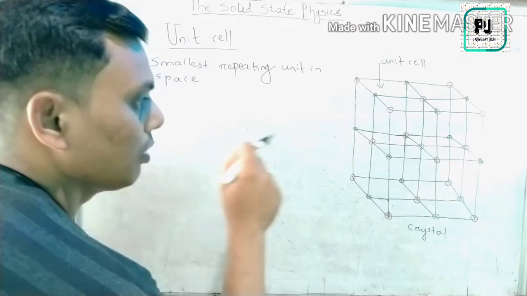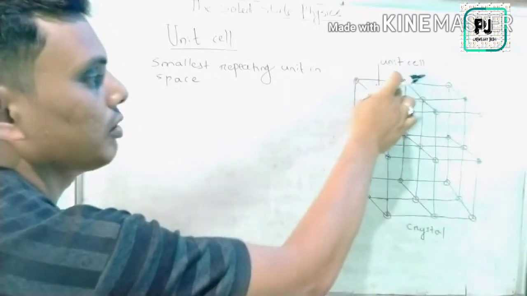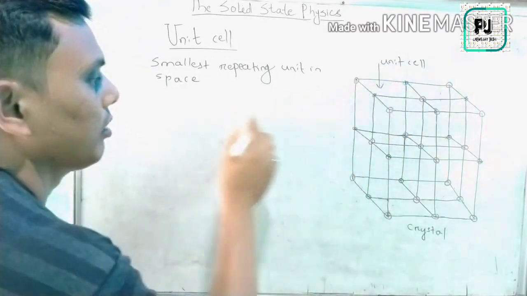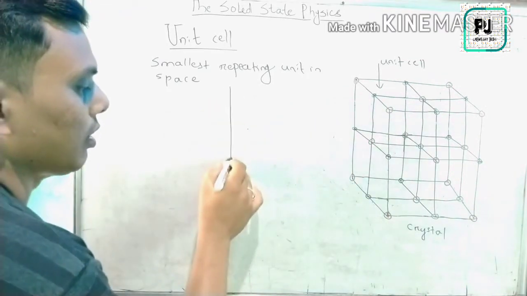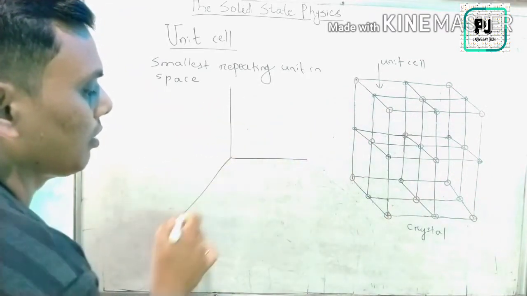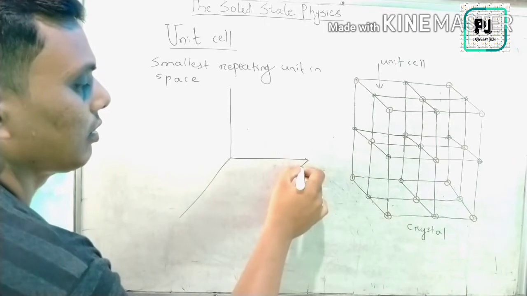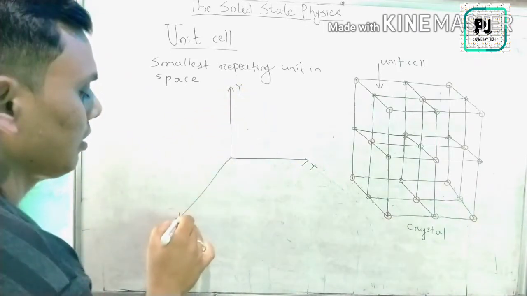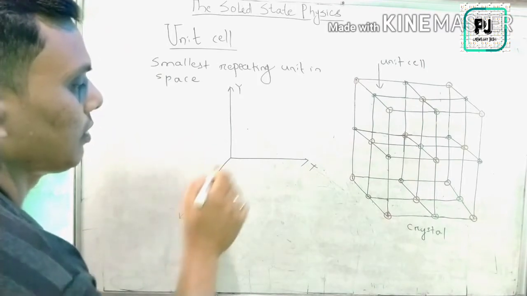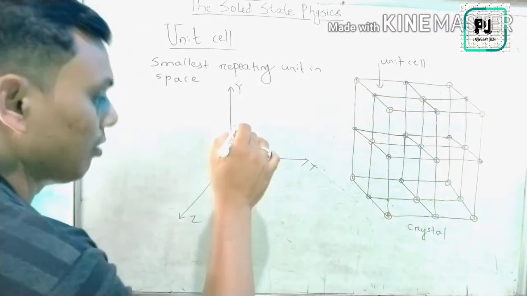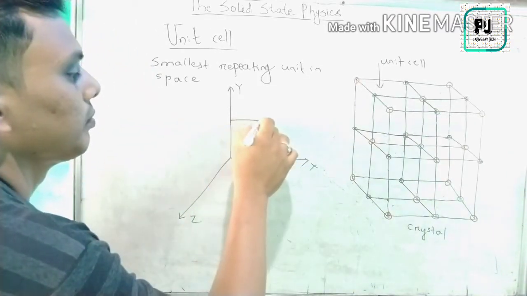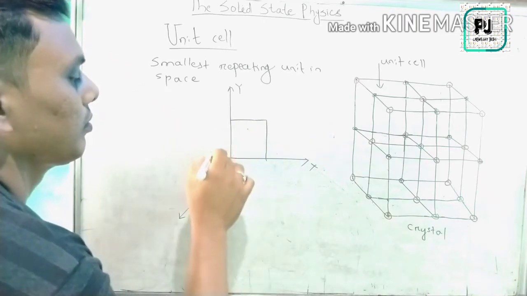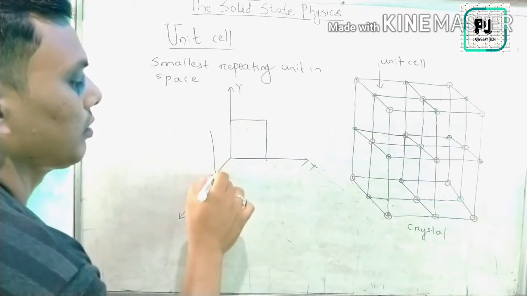If we take one unit cell, suppose you take one unit cell here, I will take this side as the x-axis, this side as the y-axis, and this side as the z-axis. Suppose I draw this figure like this.